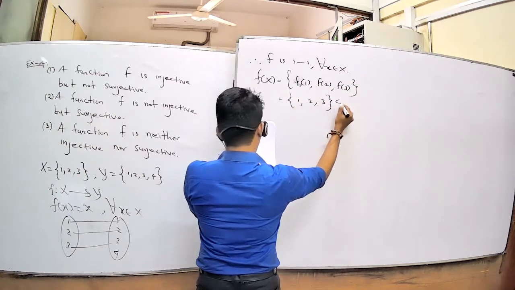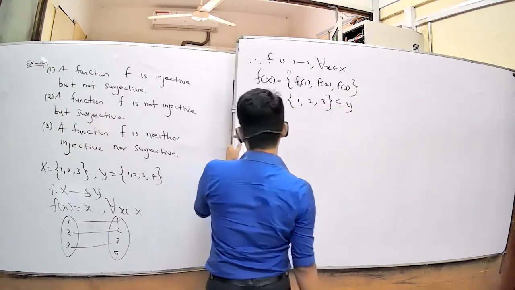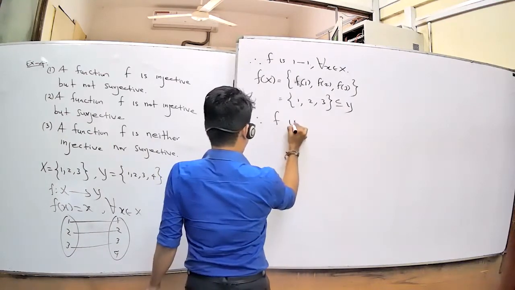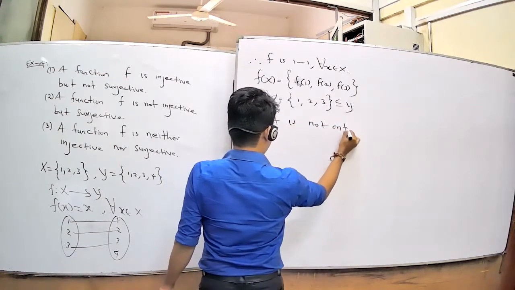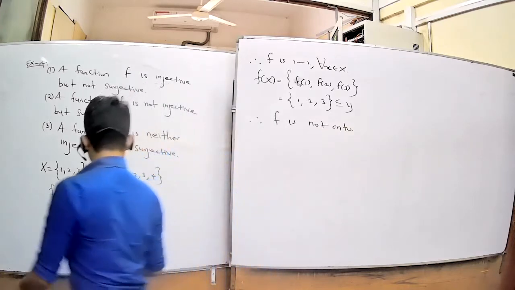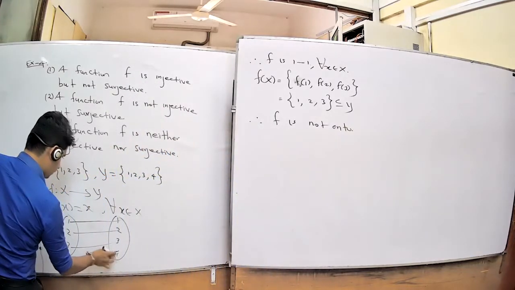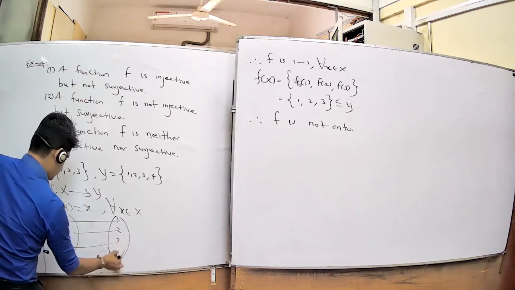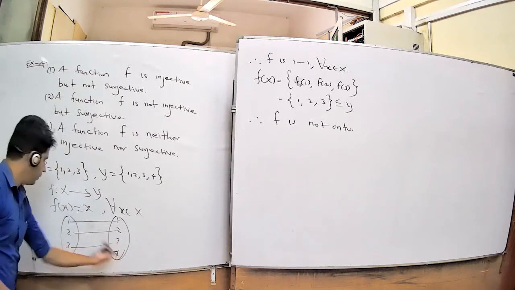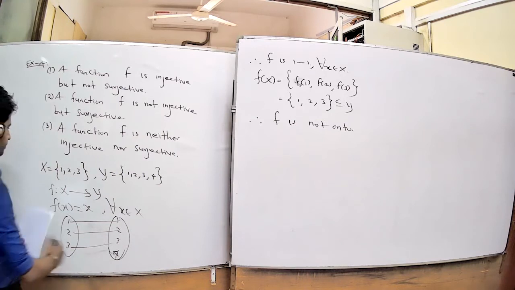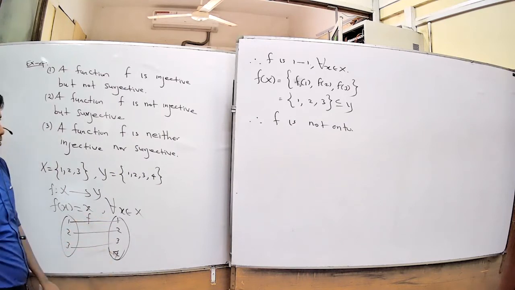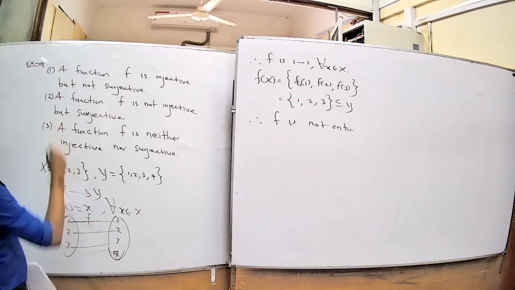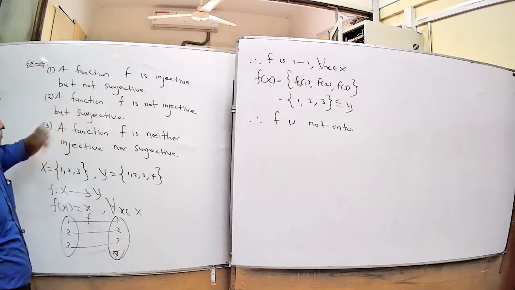But this is a subset of Y, not equal to Y. Therefore f is not onto, because there is no pre-image for 4. So f is not surjective, but f is injective.